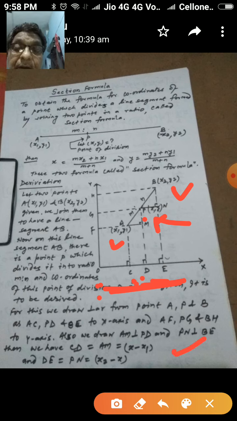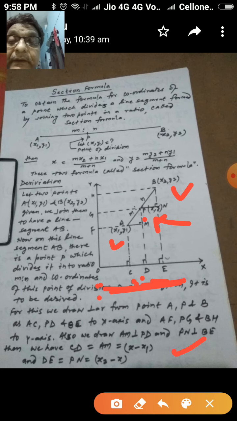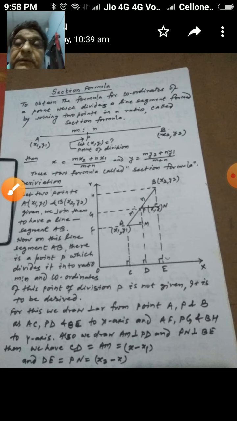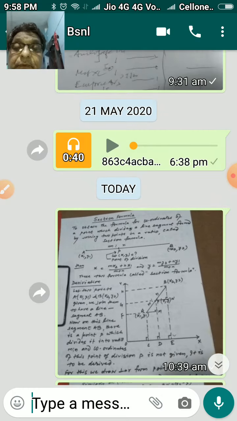Okay. Now, in a similar way, on the y-axis, we have FG equal to y minus y1 and GH equal to y2 minus y. Okay students.